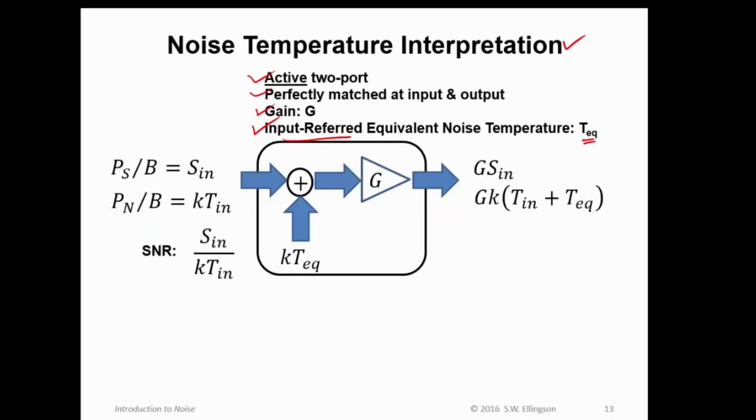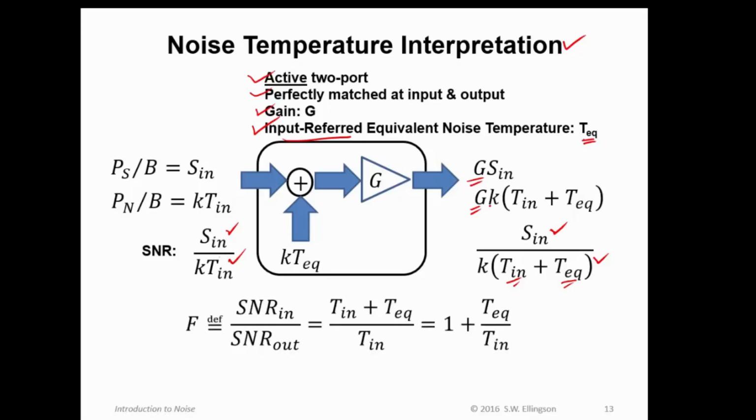So on the left, on the input, the signal noise ratio is simply S sub N divided by K times T sub N. On the right, the signal noise ratio is S sub N divided by K times the quantity Tn plus TEQ, because again, those gains canceled out. Now, if I apply the definition of noise factor or noise figure, depending on how you want to refer to it, noise figure is signal noise ratio at the input divided by signal noise ratio at the output. And we just computed those two things.